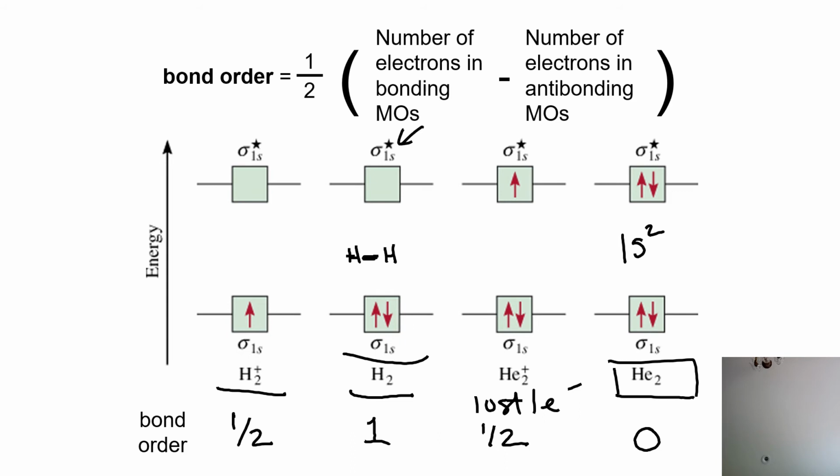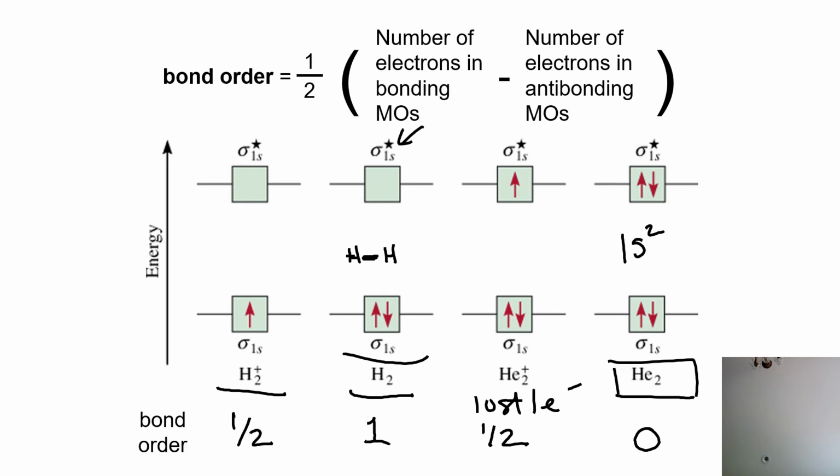Okay, so here we're comparing H2 to H2 plus, and then we'll look at helium, the diatomic helium molecular orbital diagram, and predict whether or not that will exist. We do know that noble gases are relatively inert and do not interact with other atoms. So this is basically proof of that when we calculate this bond order.